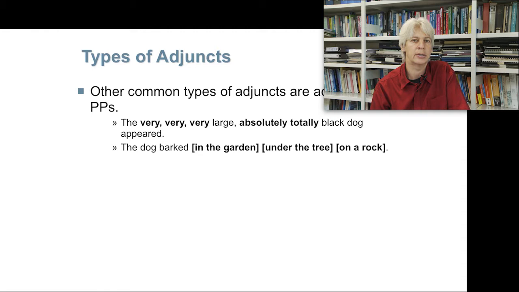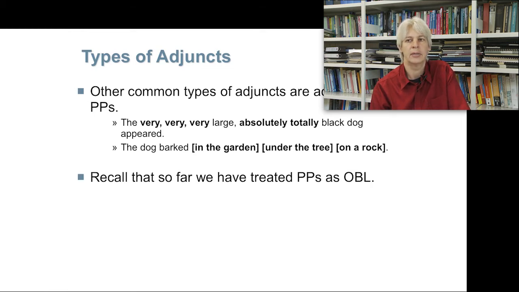They're telling you where the dog was. They're of the same type, and as you can see, several of them can appear. We've got 3 here, but like with adjectives, you could continue on and have infinitely many. So far, we've treated PPs as oblique arguments, but as the example above shows, they can also be adjuncts.